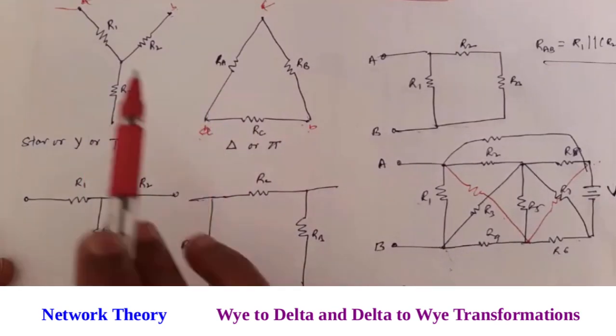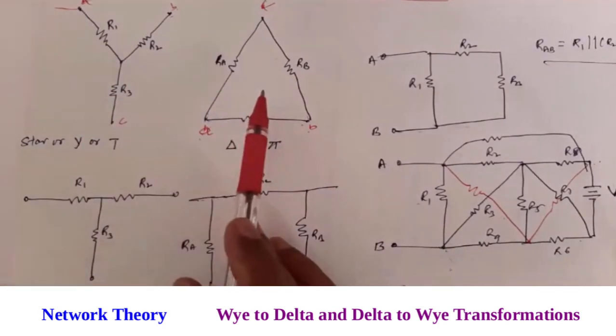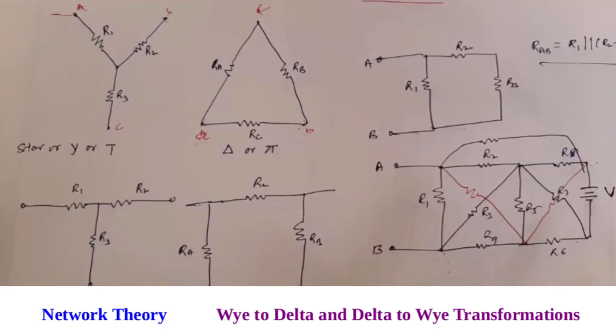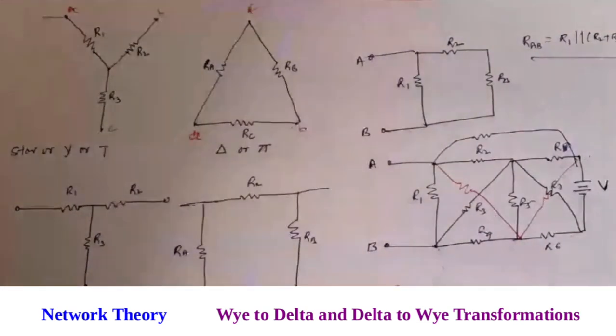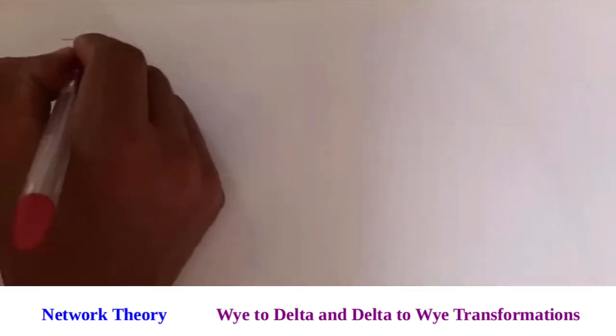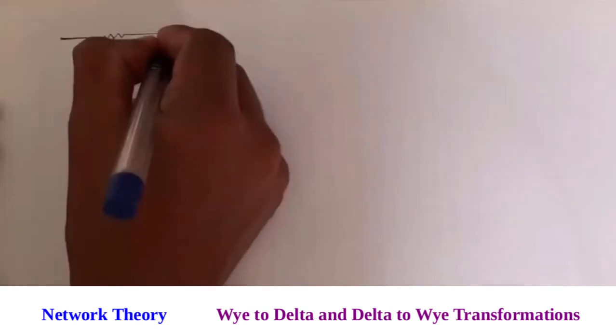So for that reason, dear students, we are going to establish the relationship between Y and delta networks. Let us find the relationship between Y and delta network. I'll first draw a delta network here. Consider this is a delta network.